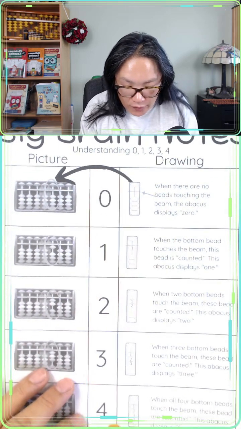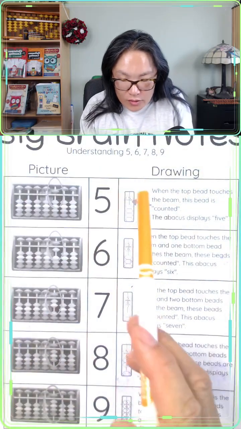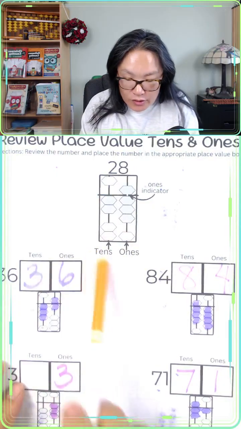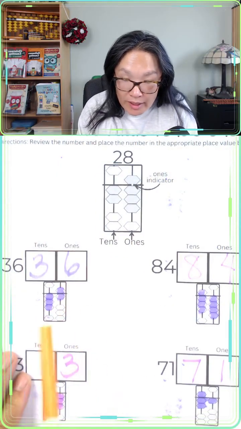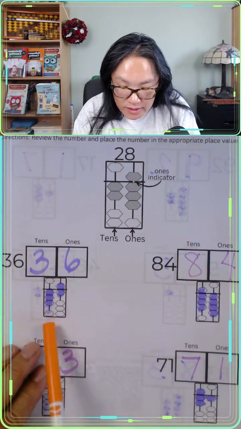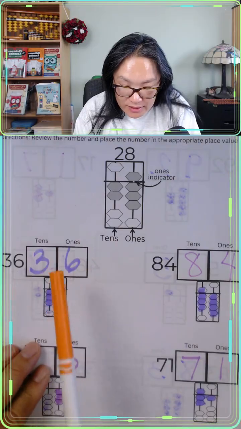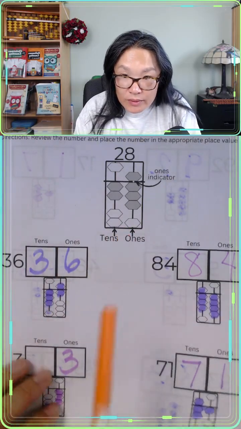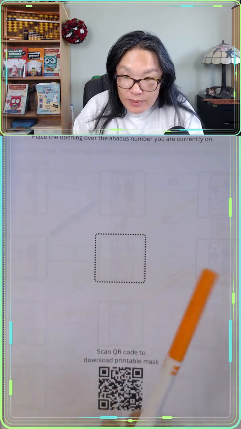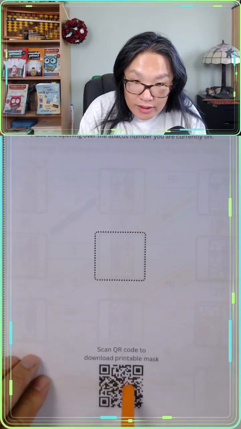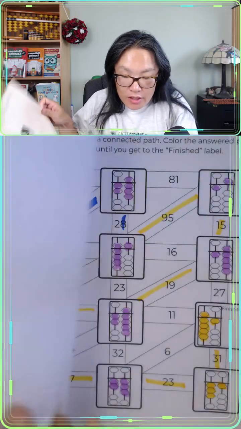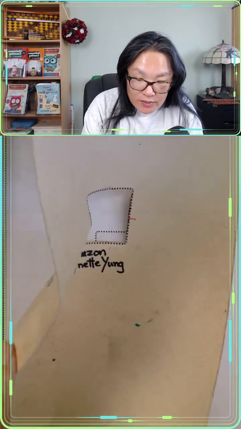It goes from 0 to 4, and then from 5 to 9. Then I show you how to do 2-digit numbers, with a little reminder activity about what a 2-digit number is. So we have our 10s and our 1s on the abacus, and this is what it would look like on the paper. I give you a mask maze, but I also give you the opportunity to download the printable, because I noticed that the paper is a little thin.